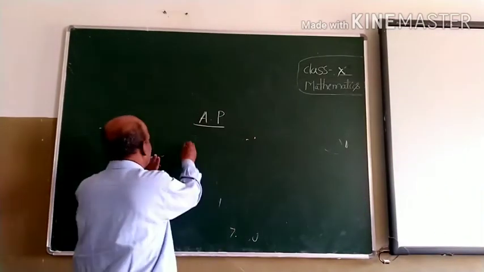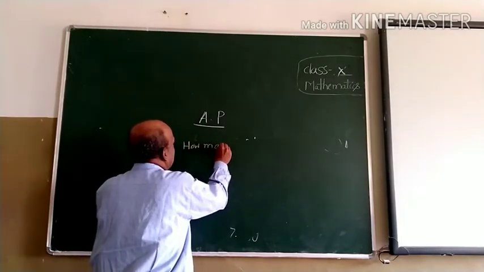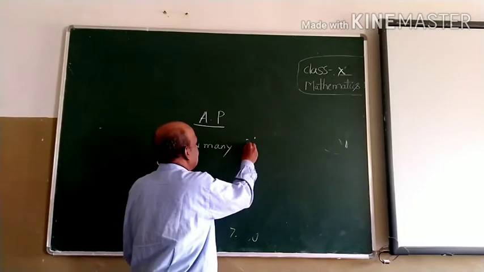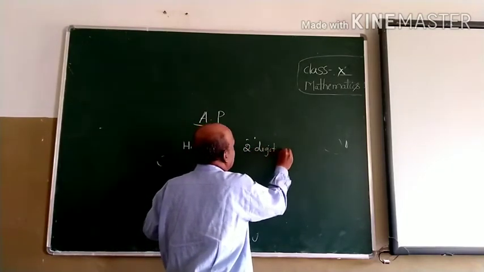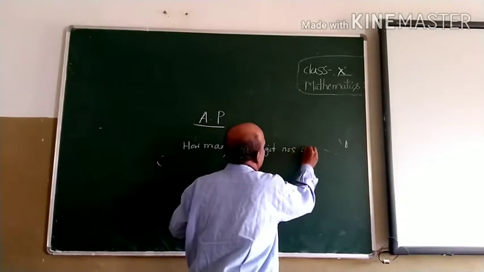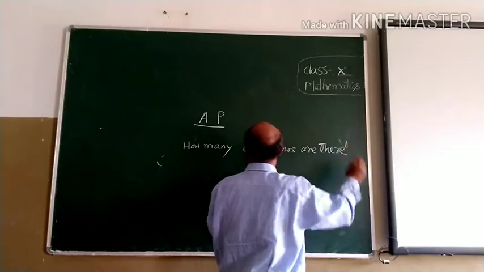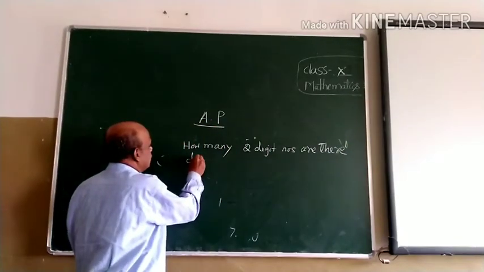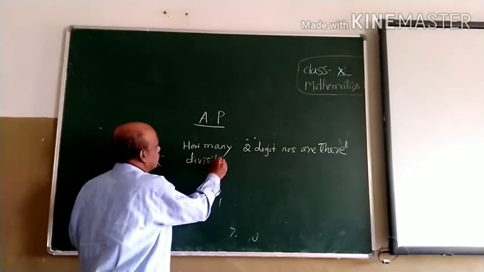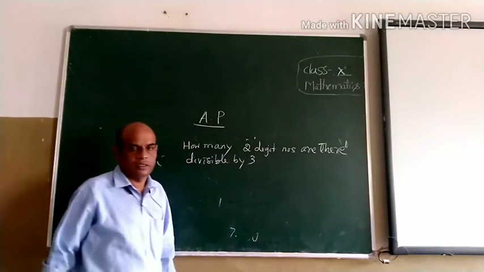Suppose the question is like that: how many 2-digit numbers are there, with the condition divisible by 3?